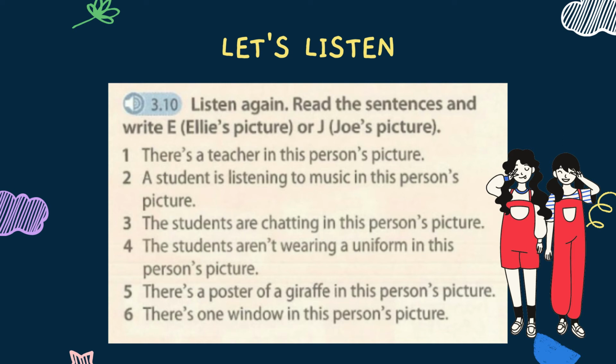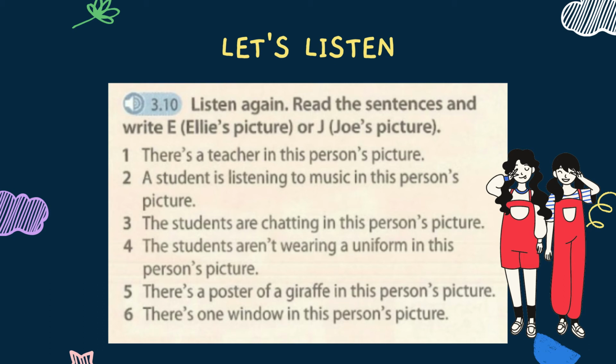OK. Well, in my picture, there's a teacher at the front of the class, and there are 3 students. What are the students doing in your picture? One student is listening to music. One is working on a laptop, and the other one is cutting some paper with some scissors.